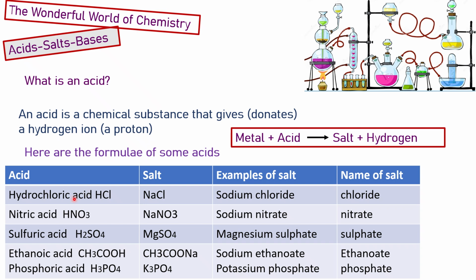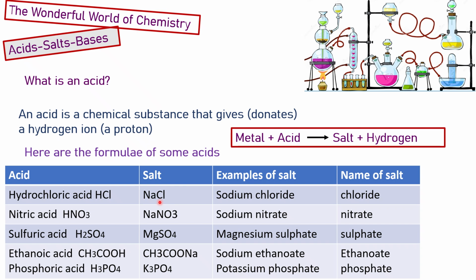Now, when any of these acids reacts with a metal, a salt results. Here is the salt which results from the reaction of this acid. Sodium chloride: the sodium, which is the metal, replaced the hydrogen and hydrogen gas comes out.